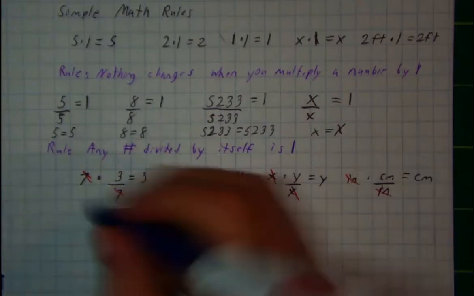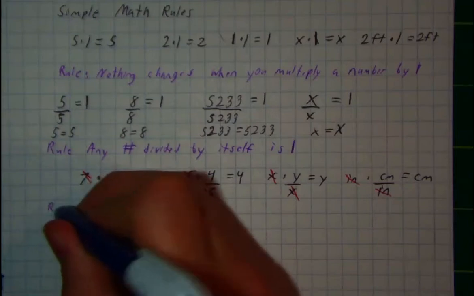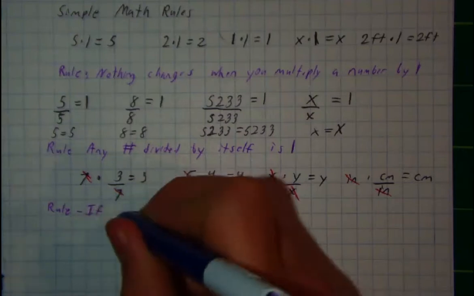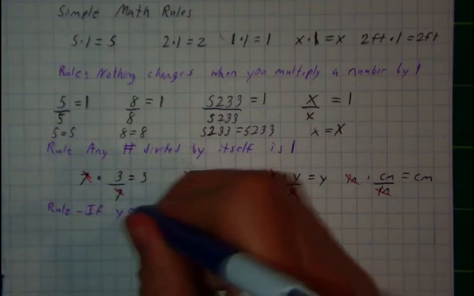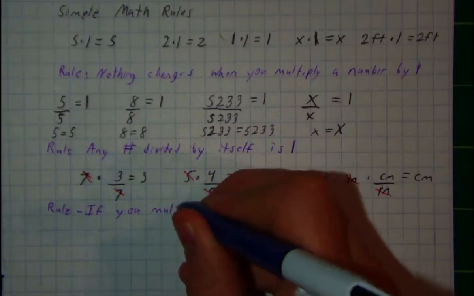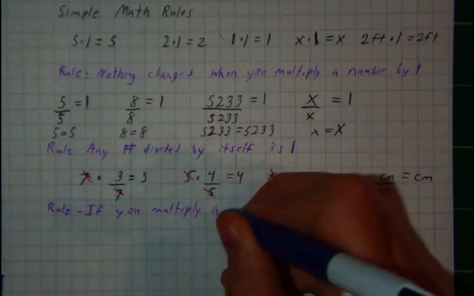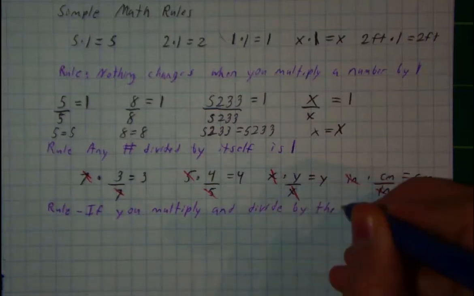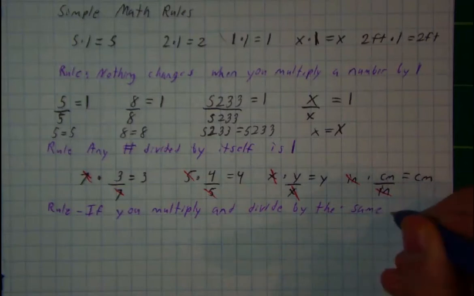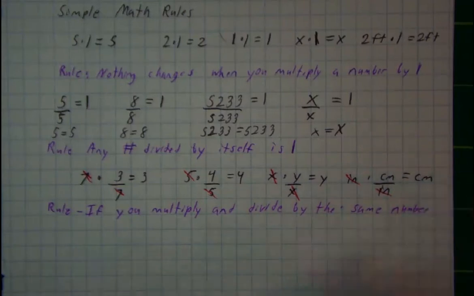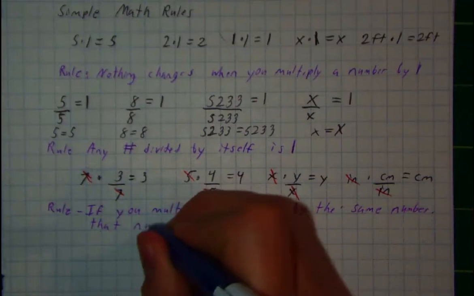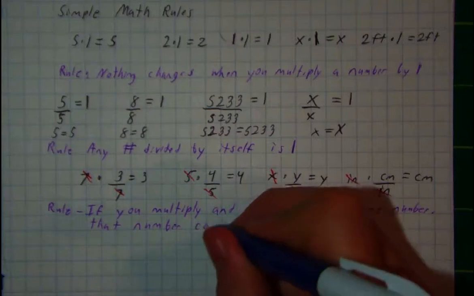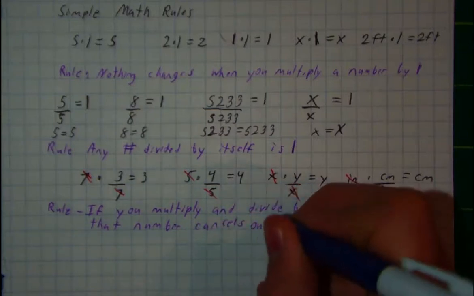This rule says if you multiply and divide by the same number, that number cancels out, which makes way too much sense.